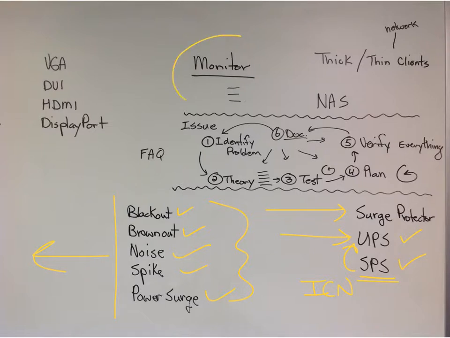Talked about monitors, all the specifics from the chapter on monitors. We talked about thick clients and thin clients. Thick clients have hard drives and RAM, and the PC is basically everything you need in it. Thin clients need to access network resources.